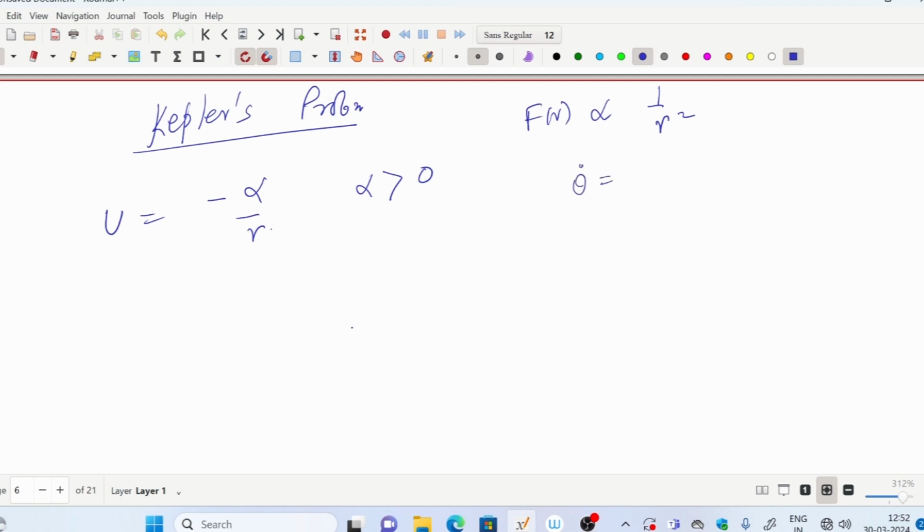Theta dot: recall angular momentum, mu r square theta dot, is the angular momentum. So, theta dot is m by mu r square. Okay.